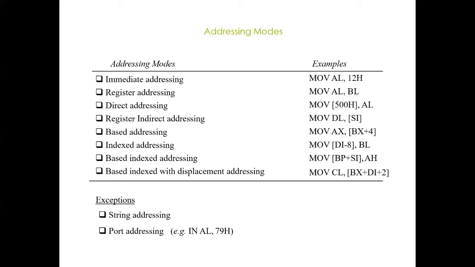The first is direct addressing mode. In direct addressing mode, the operand's offset is given in the instruction as an 8-bit or 16-bit displacement element. Examples are ADD AL, [0301]. This instruction adds the content of the offset address 0301 to AL.